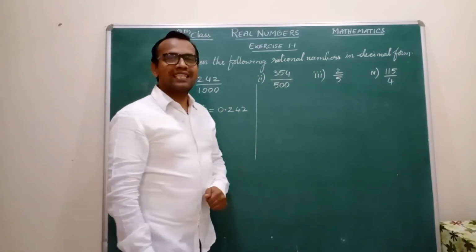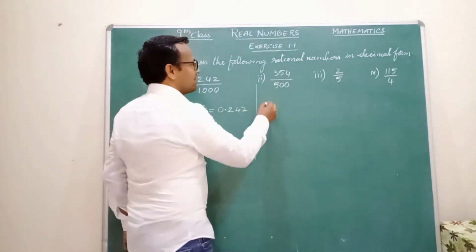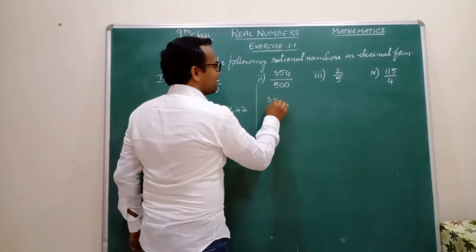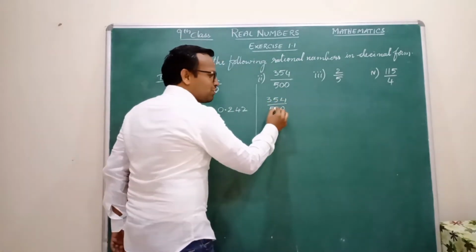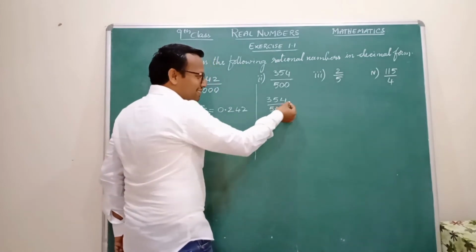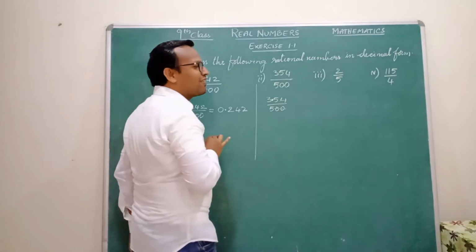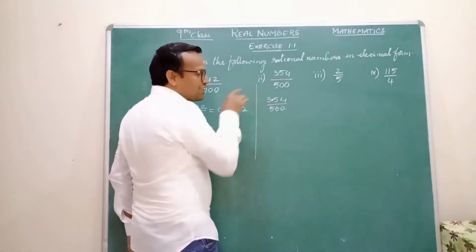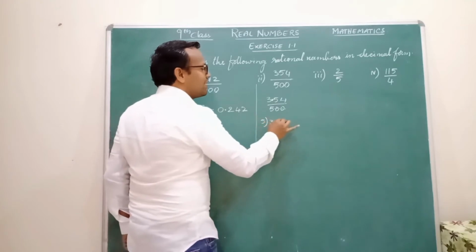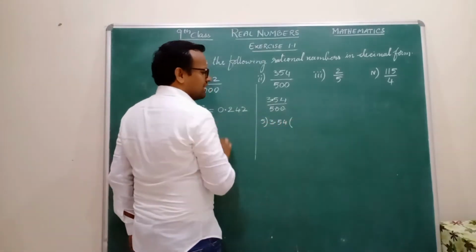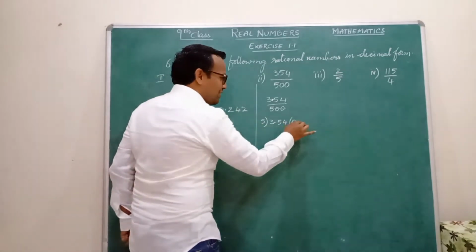Now let's see the second one, 354 by 500. Let me write 354 by 500. Since 2 zeros are there in the denominator, cancel them and keep the decimal point 2 places before, 3.54. Now divide this by 5. With 5, let me divide 3.54. Since 3 doesn't go in the 5 table, let me take 0 point.